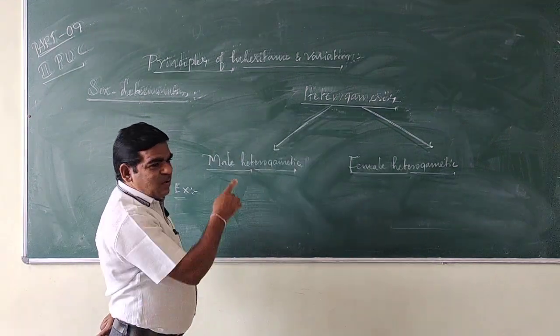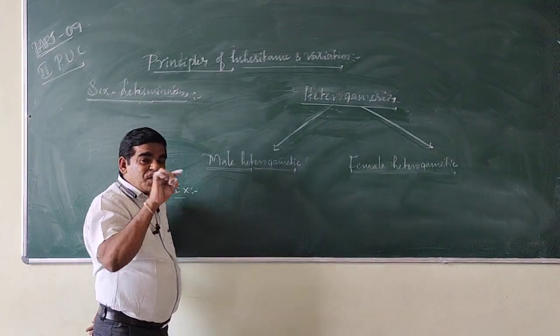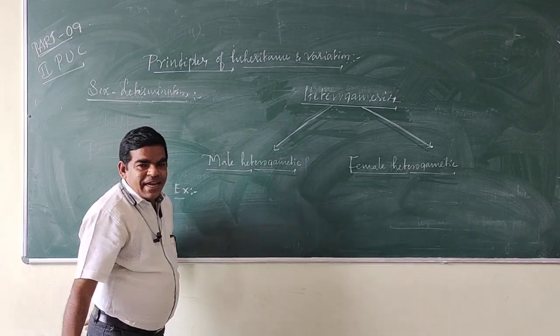This theory was proposed by Karl Correns. According to this theory, there are two types of sex determination: male heterogenetic and female heterogenetic.